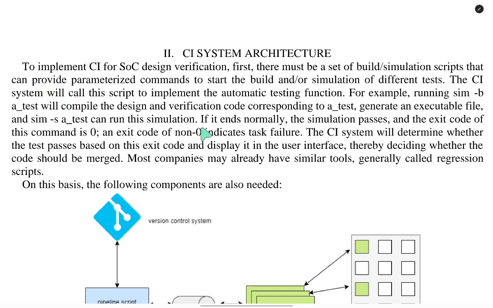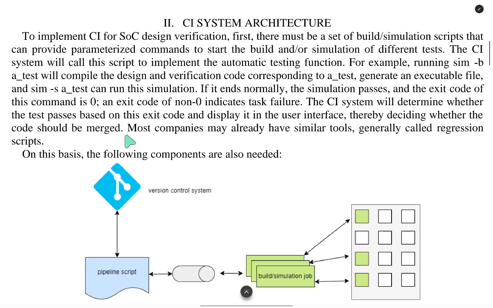If it ends normally, the simulation passes and the exit code of this command is 0. A non-zero exit code indicates task failure. The CI system will determine whether the test passes based on this exit code and display it in the user interface, thereby deciding whether the code should be merged.